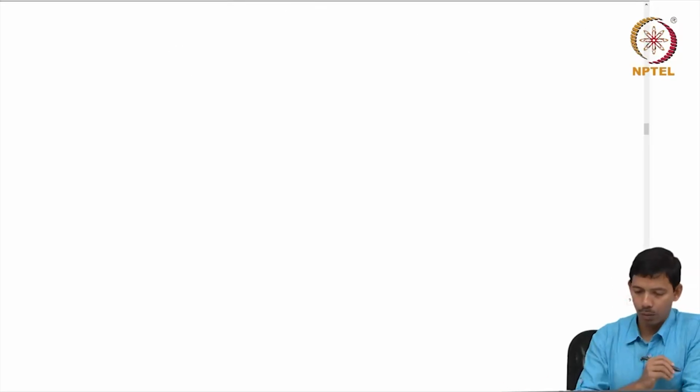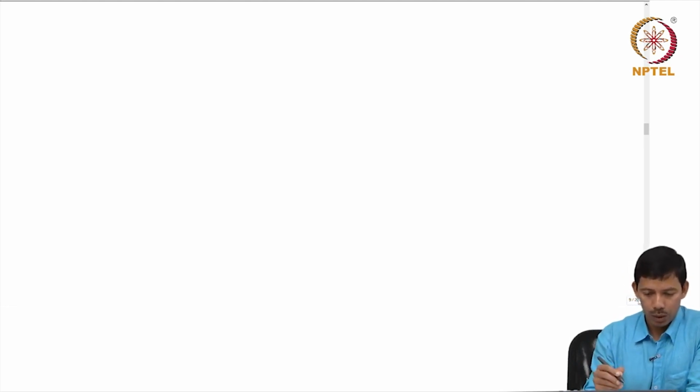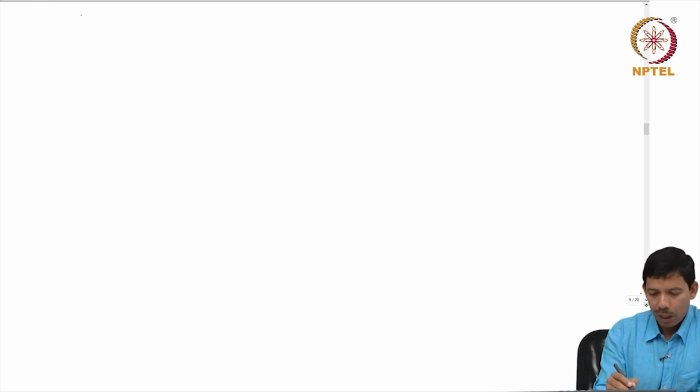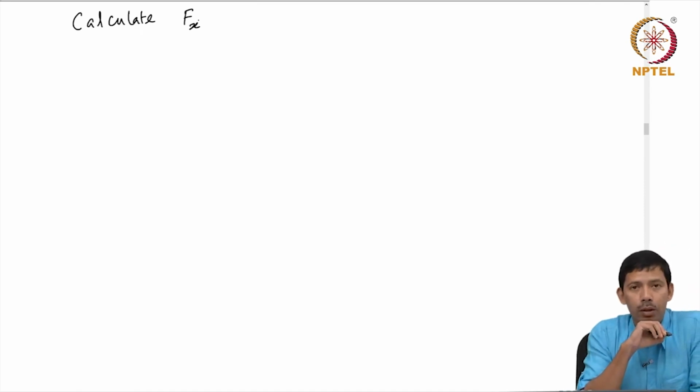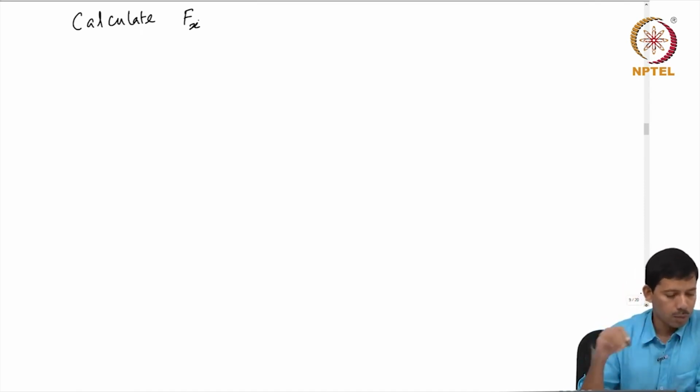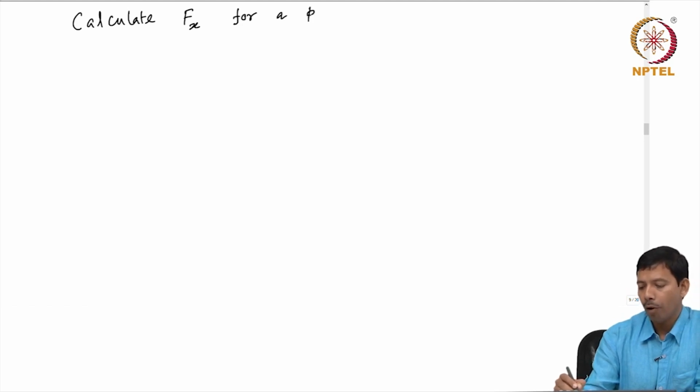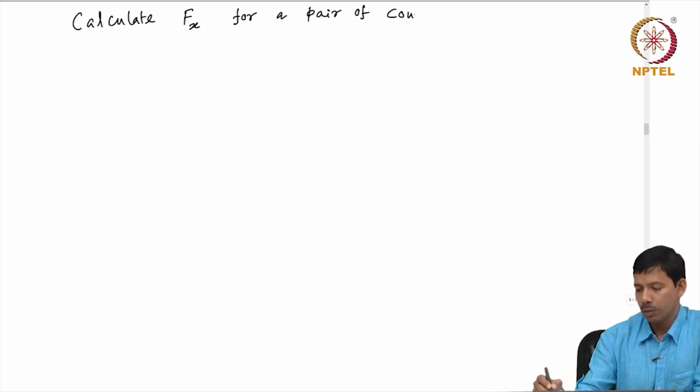I'll just give you one simple problem to think and solve. So the question is: calculate the x component of the force. So Fx is the x component of the force for a pair of Coulomb particles.